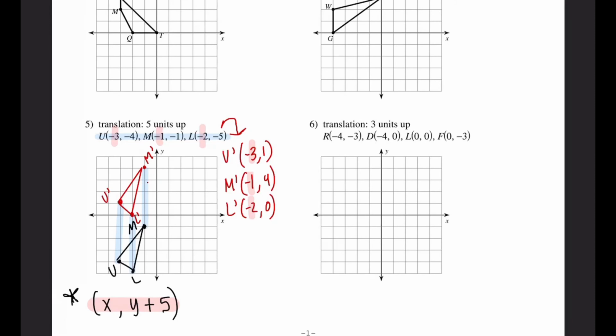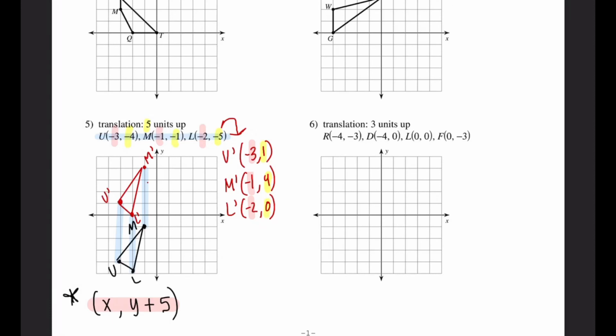L is -2, L is also -2. Great. Okay. Well, now I want to look at how did I get from, we'll use yellow, I guess, -4 to +1. Well, -4 plus that 5 gives me +1. -1 plus that 5 gives me +4. -5 plus 5 gives me 0.